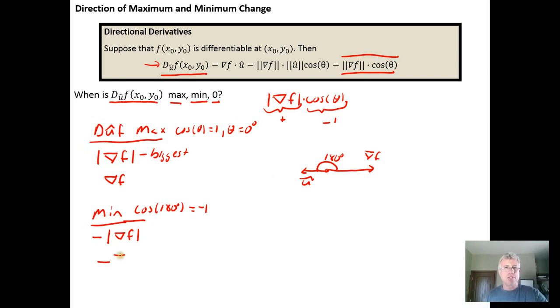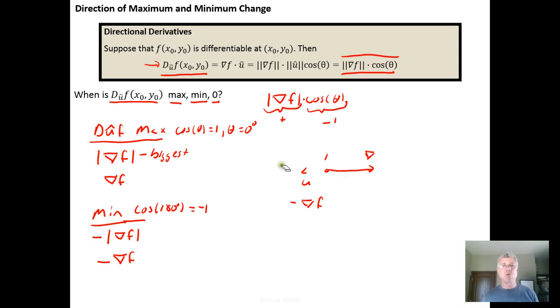If we negate the gradient, then the opposite of the gradient would be pointing in the same direction as u hat if u hat is pointing 180 degrees out from the gradient vector. So the direction of minimum change, or the smallest value the derivative can take on, will be the opposite of the gradient of f.